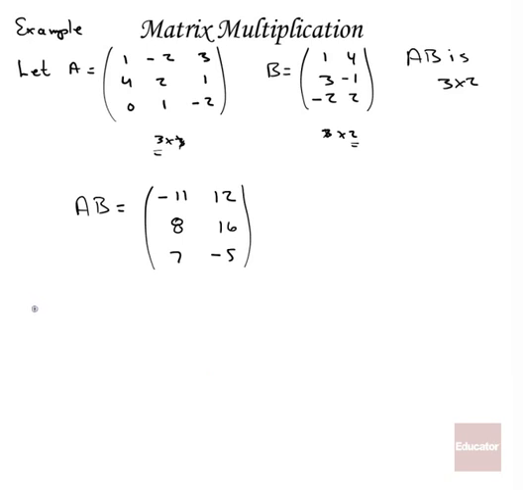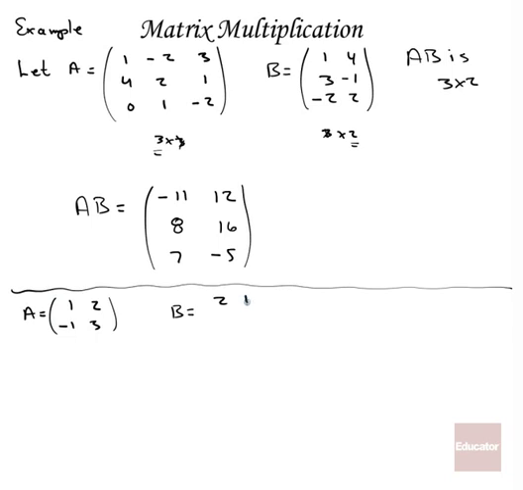Okay, now let's try something. Let A equal 1, 2, minus 1, 3. And we'll let B equal 2, 1, 0, 1. In this case, because this is 2 by 2, and because this is 2 by 2, both AB and BA are defined, so I can do the multiplication.